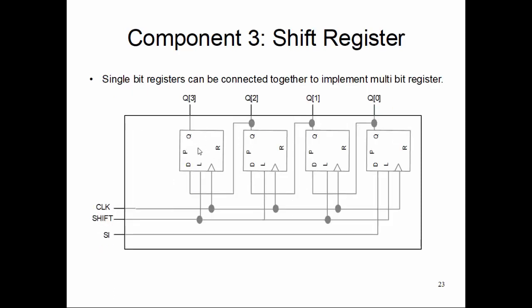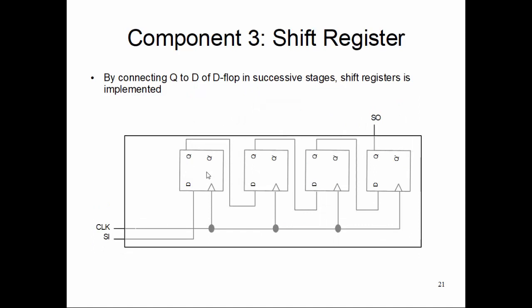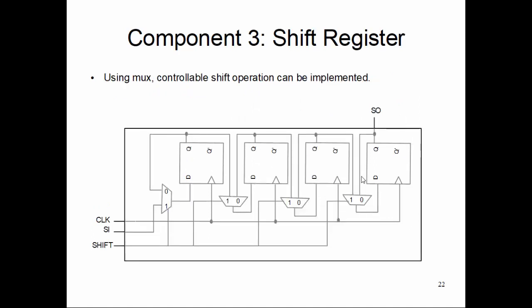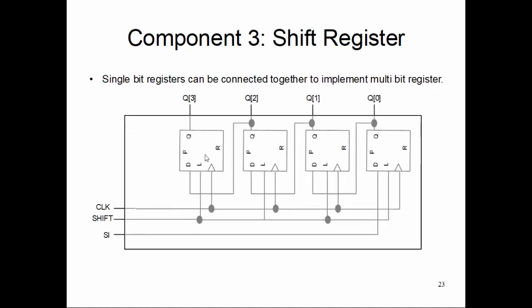We can of course also bring out the individual register outputs as ports, and this shift signal is connected to the load of each of these registers, and SI is connected to, let's call the left side, as our own convention, the LSB side, and the right hand is the MSB side.